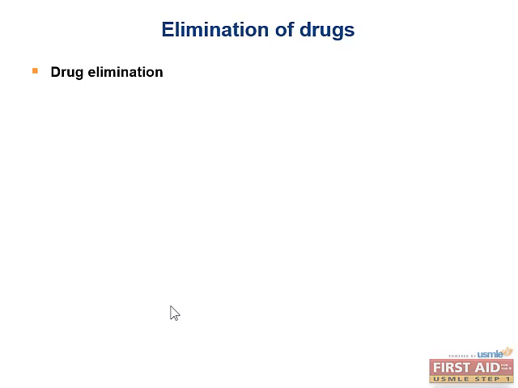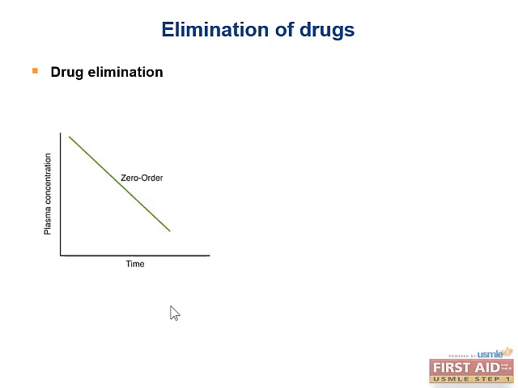So now let's talk about the elimination of drugs. In zero order elimination, the elimination of a drug is constant regardless of the concentration of the drug in the body. A constant amount of drug is going to be eliminated per unit time, resulting in a nice linear decrease in plasma concentration. So here we see that nice linear decrease.